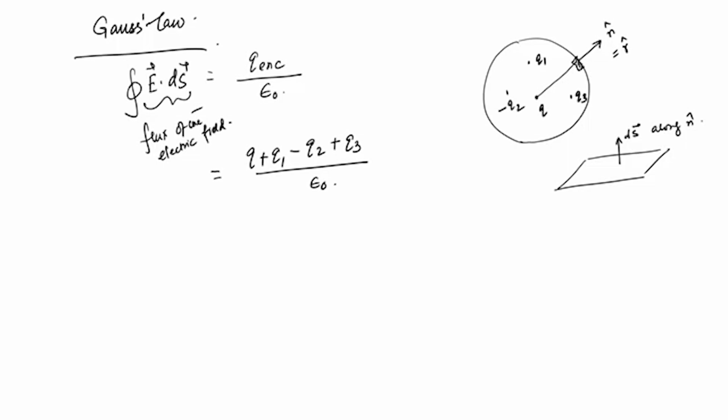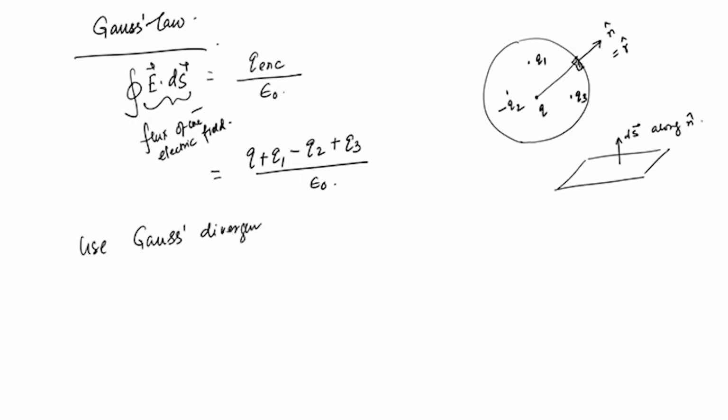Now there is one relation about the divergence of the electric field that will emerge if you take the left hand side of Gauss's law and use Gauss's divergence theorem. And what is the divergence theorem?